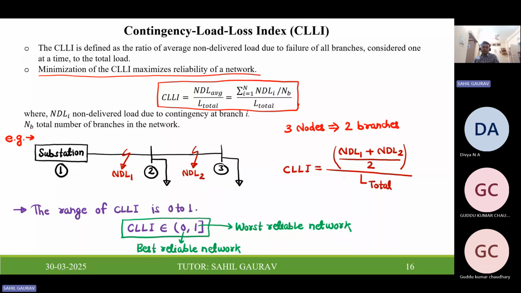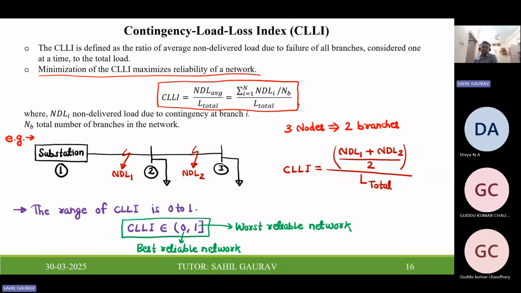Now, what is the range of CLLI? The range of CLLI is between 0 and 1. If CLLI is 0, we call it the best reliable network, because wherever the contingency happens, the non-delivered load is very minimal.